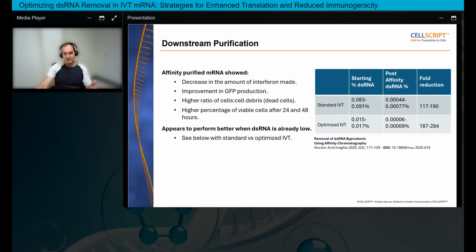Although all of their data was great, and they showed that the amount of interferon that was produced from this purified double-stranded RNA was lower. The improvement in GFP production, cells were healthier and happier for longer. It was just interesting that they found that you need to already have low double-stranded RNA in order to have the results work even better.